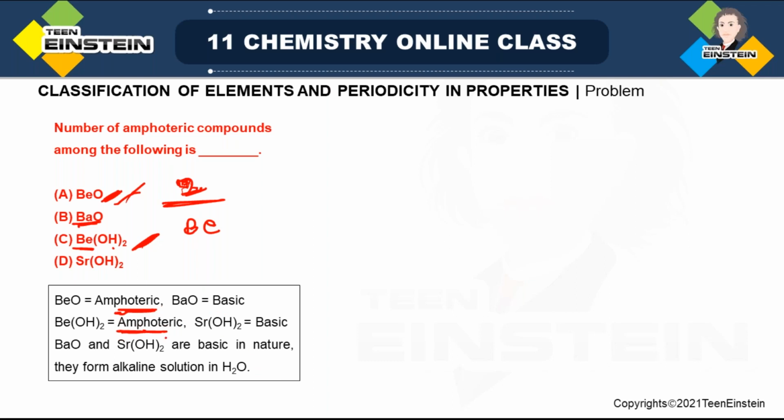But strontium and barium are lower down: moving down you get Be, Mg, calcium, strontium, barium. So they will obviously be basic in nature. Sr(OH)2 and Ba compounds are basic and form an alkaline solution in water. So only these two are amphoteric. It is an integer type question, a fill in the blank, and the answer will be 2.